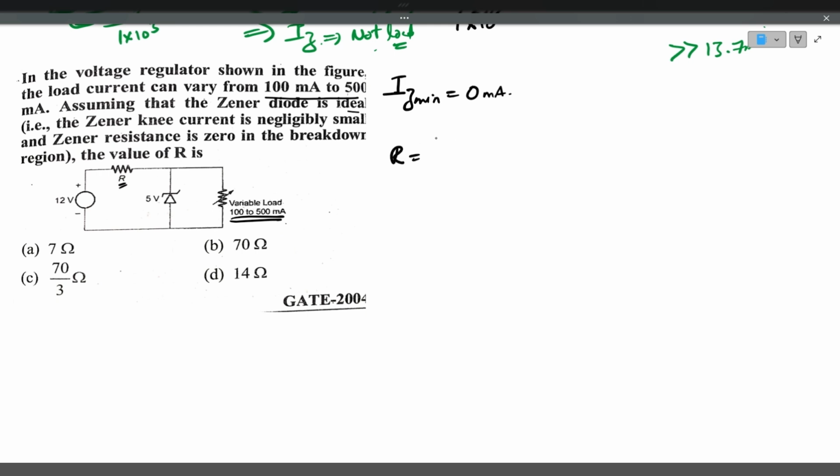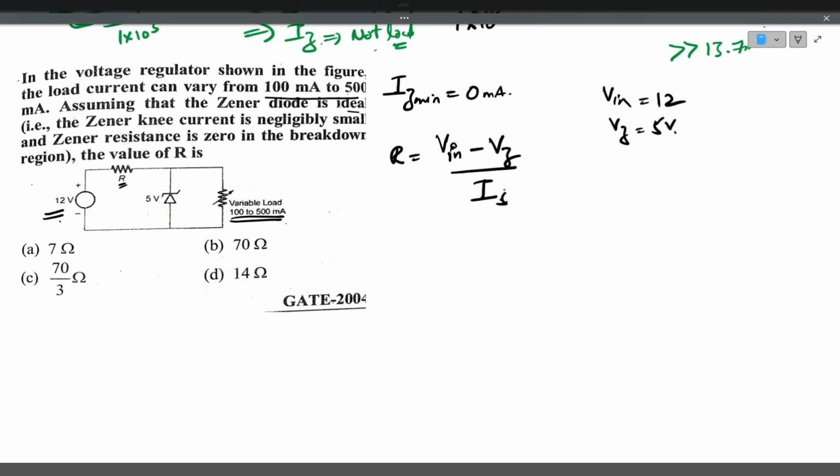R equals, we know the formula, V in minus Vz divided by series current IS. Here there is no range for the input voltage, so I'm taking only V in directly, not V in min or V in max, because input voltage is constant. Input voltage is 12 volts, Vz is 5 volts.